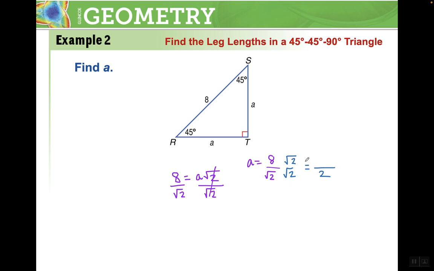And on top, 8 times the square root 2 is just 8 square root 2. I look at it and say, I bet I can simplify that a little bit, because I have an 8 on top and a 2 on bottom. So all I need to do is cancel out the 2, and I'm left with 4 square root 2.